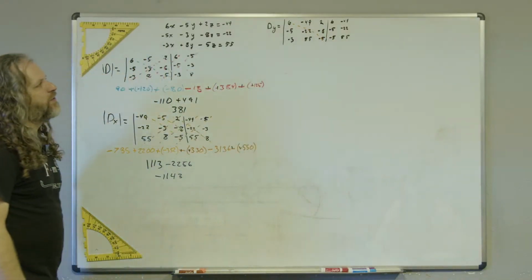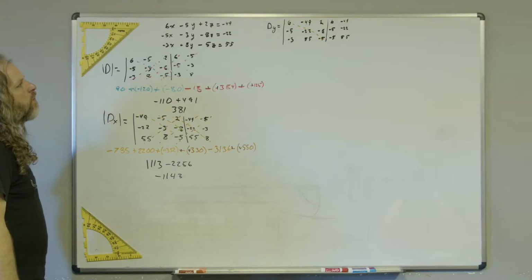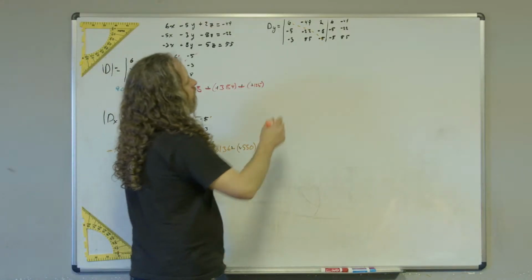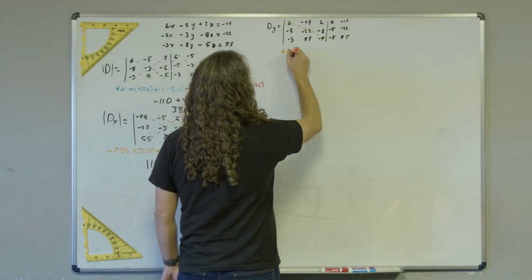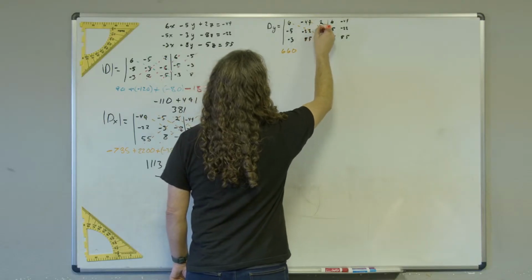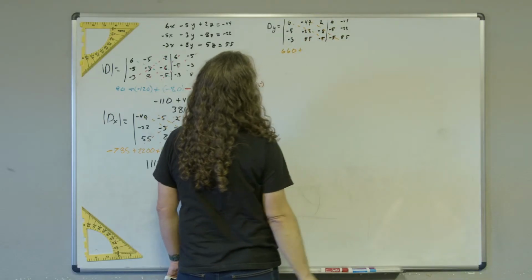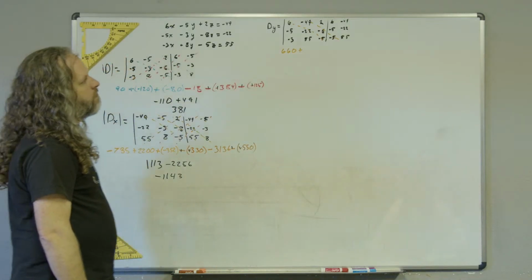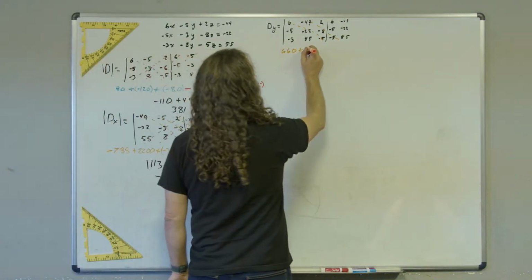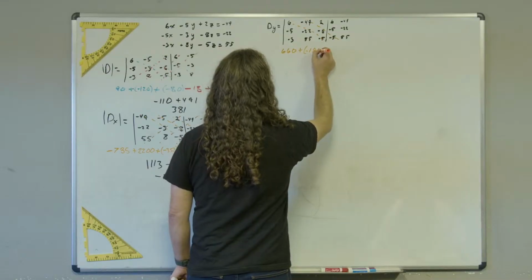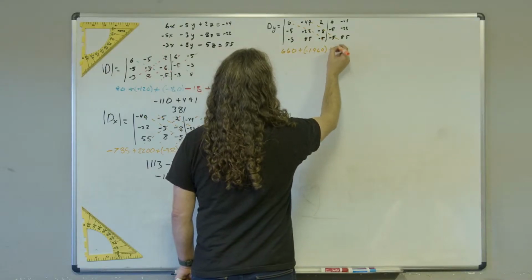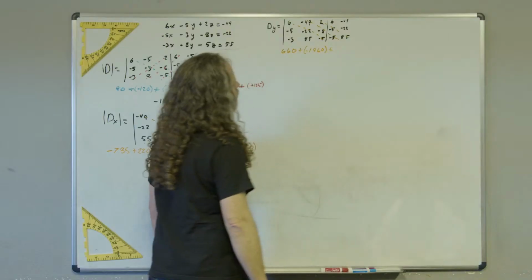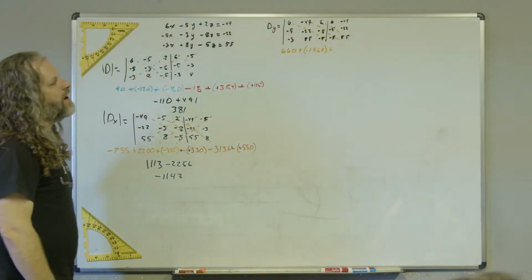Six times negative 22 times negative 5. 660. Negative 49 times negative 8 times negative 5. Negative 1,960. 2 times negative 5 times 55.